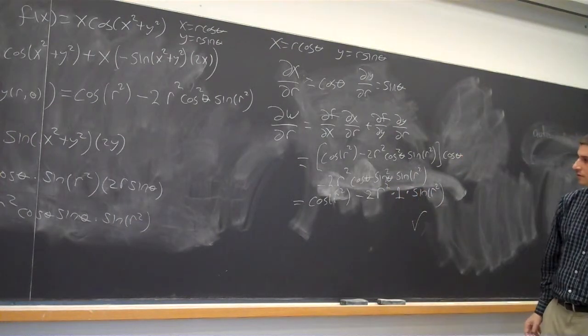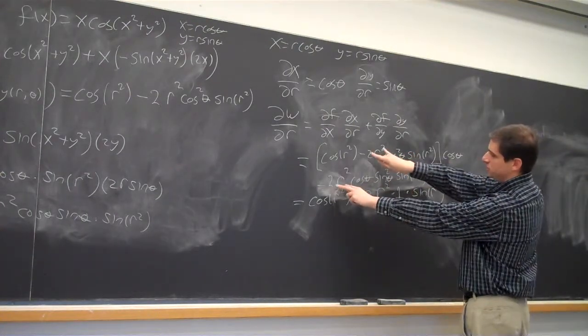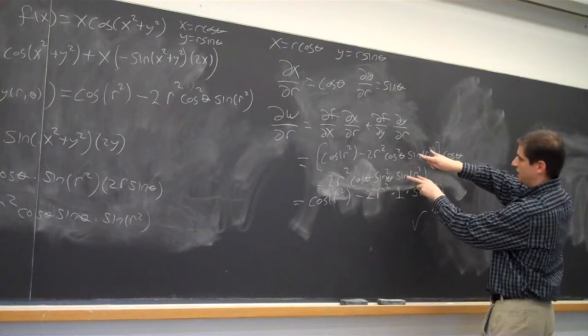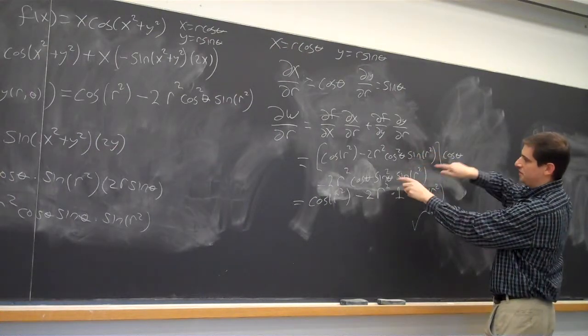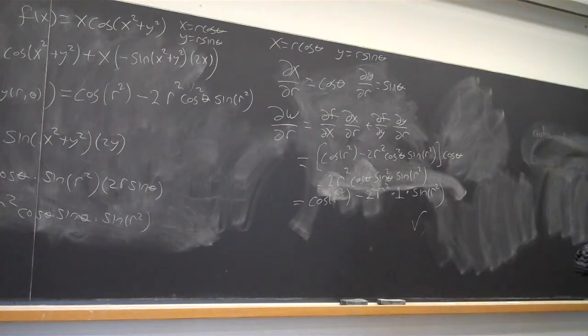Yes? So how did you simplify to the last step? So both this term and this term have a minus 2r squared. Right. They both have a sine of r squared. And this is a cosine squared, cosine, do we have an extra cosine theta? Do we?